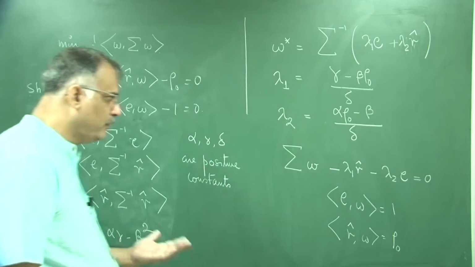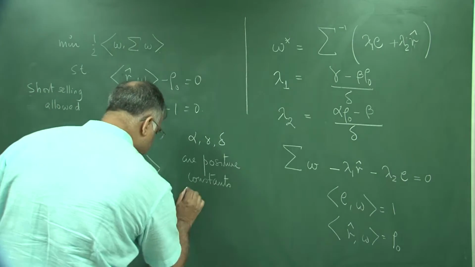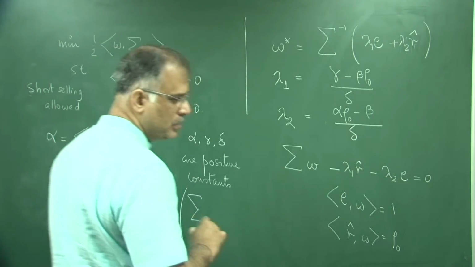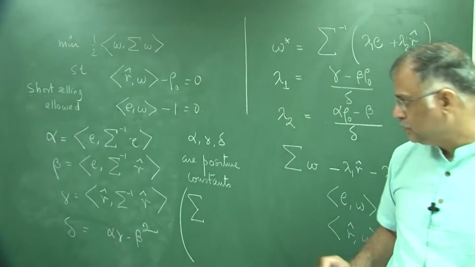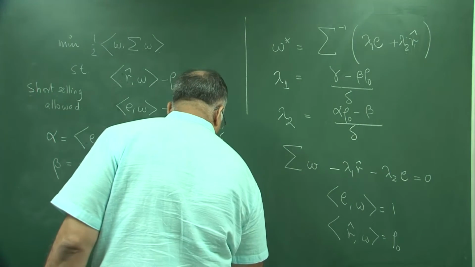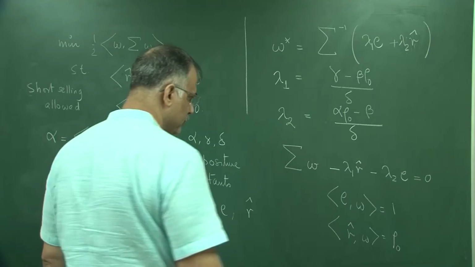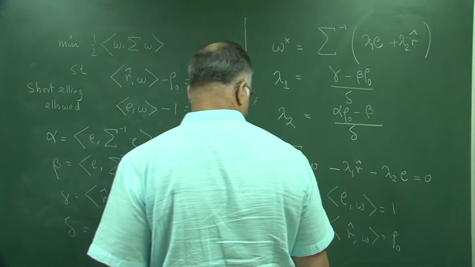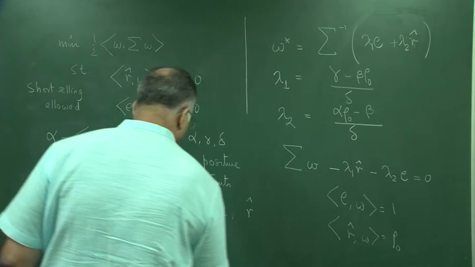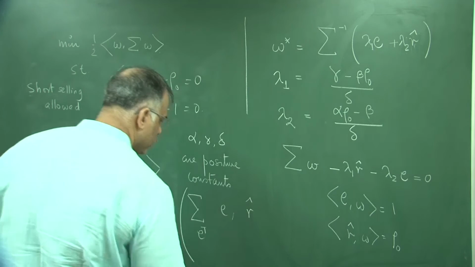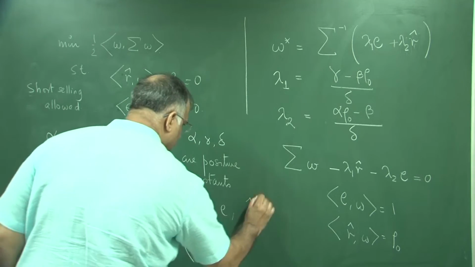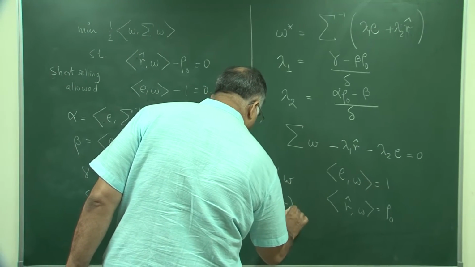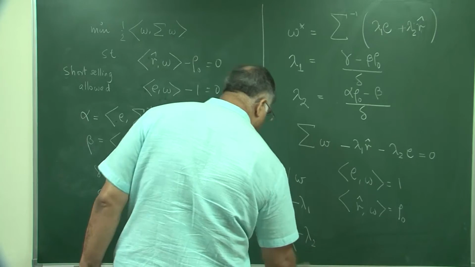If you look at it very carefully, in matrix form it looks like a partitioned matrix: sigma, E, R hat, E transpose and R hat transpose, and here I would have W, minus lambda 1, minus lambda 2.